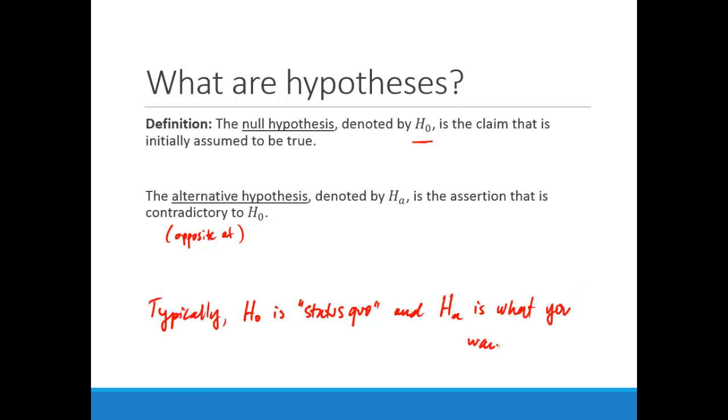So it's what you want to show to be true. Maybe we'll formulate the hypotheses of our hole punching example here in a minute, and that might make it a little more clear. So the null hypothesis is the status quo, or that nothing is happening here, and the alternative hypothesis is what we want to show. Whatever that might be, there's usually a goal that you have, or the question that you're asking usually has a direction that it wants to go one way or the other, and that's what you put in the alternative hypothesis.